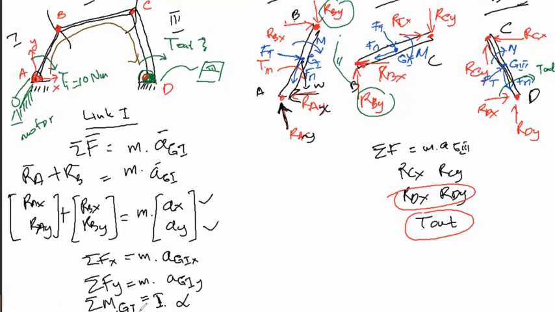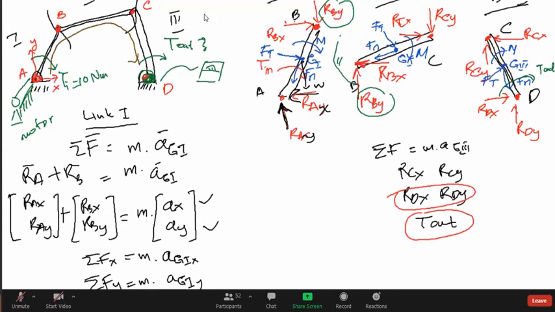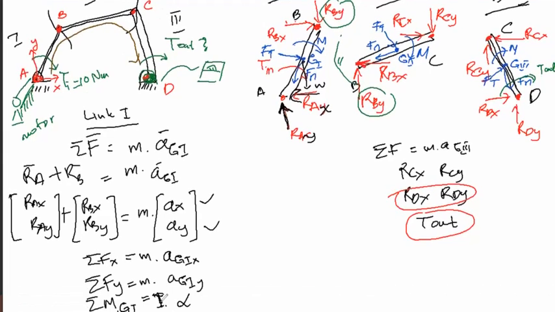If we consider the sigma moment at point G, what is the I here? Is it I at point G or I at point A? Is there anyone who can give me a hint or suggestion?